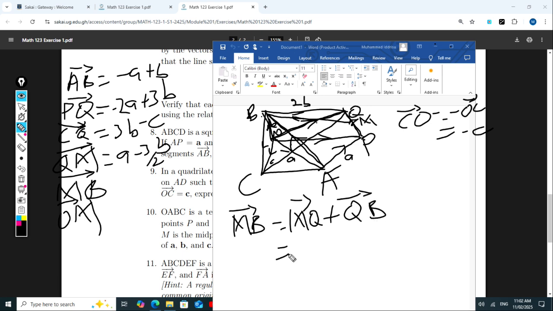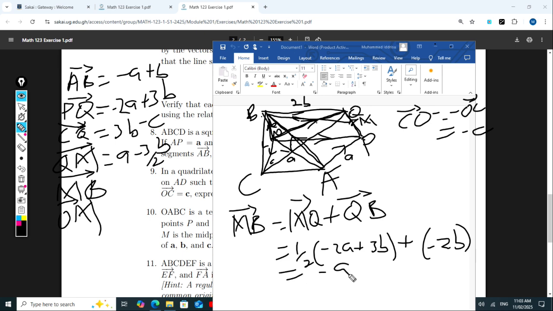MQ is equal to what? Half PQ. So we have half PQ, which is negative 2a plus 3b, plus QB, which is negative BQ, which is what? Negative 2b, so we have plus negative 2b. So here I have negative a plus 3 over 2b minus 2b.